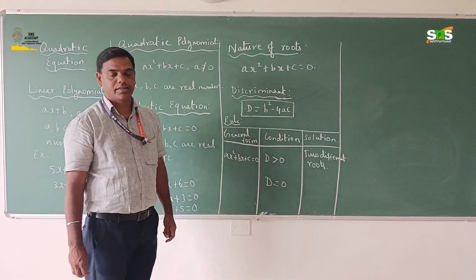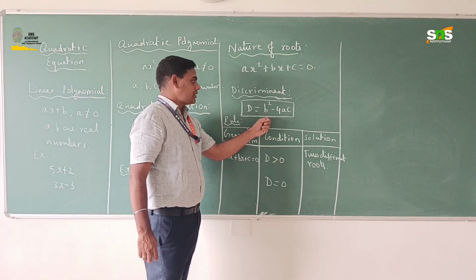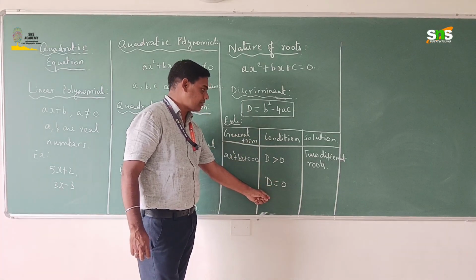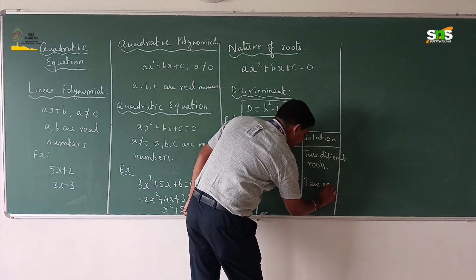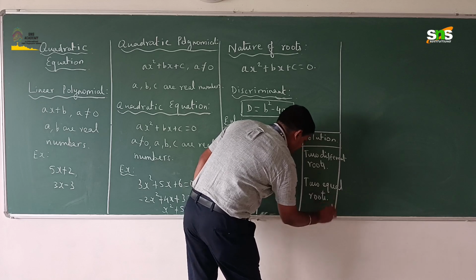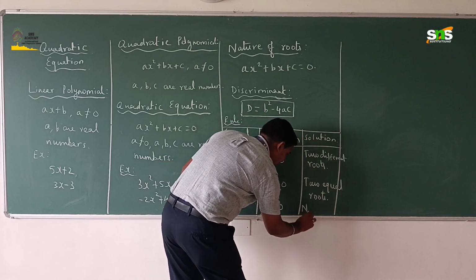The next condition is D equal to 0. After substituting the values of a, b, c, we find the discriminant. When D is equal to 0, we get two equal roots. And when D is less than 0, we get no roots.